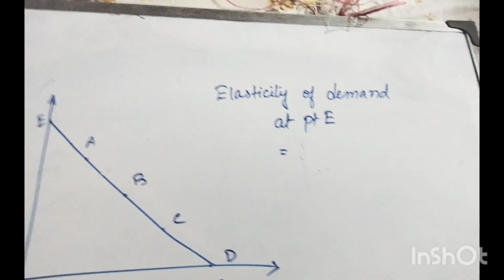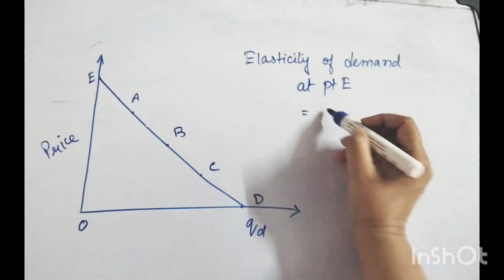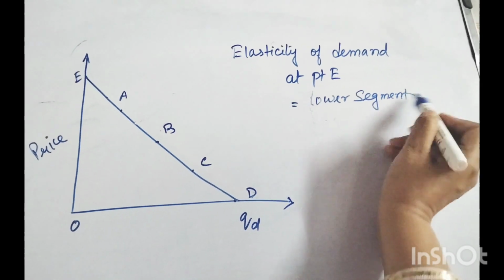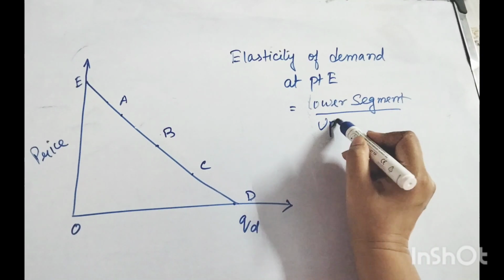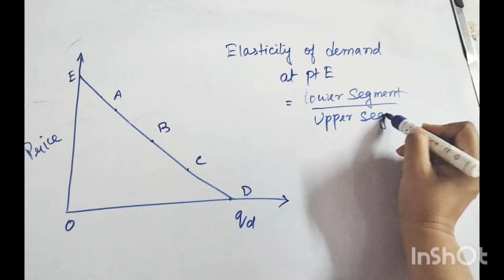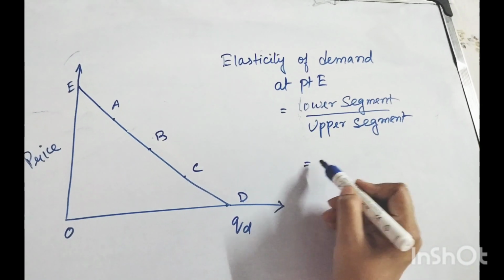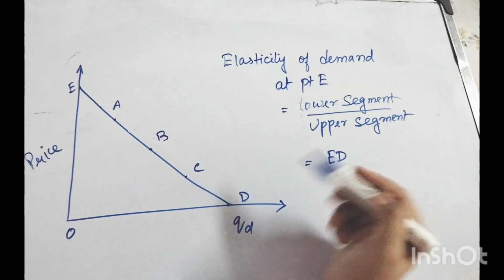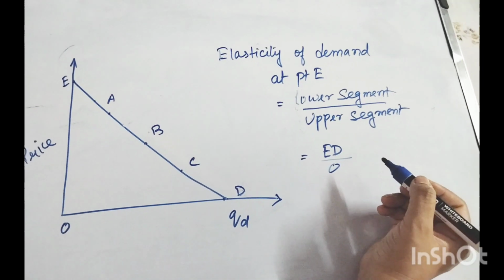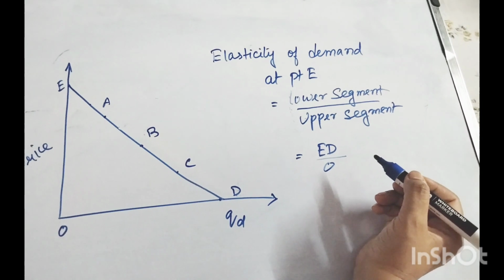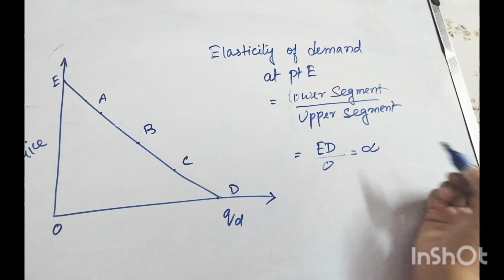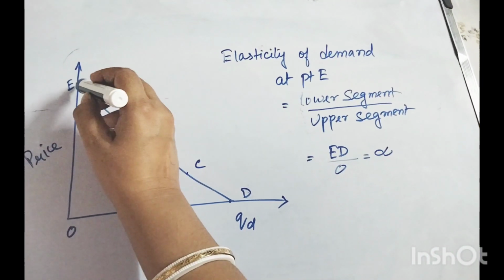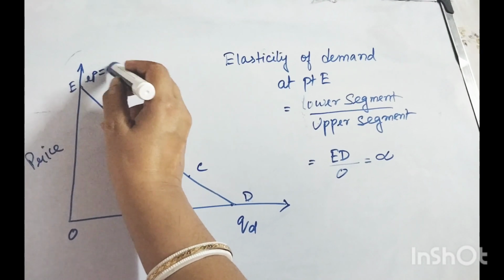What is the lower segment here? ED is the lower segment. What is the upper segment here? 0. That means anything divided by 0 will be equal to infinite. So what will be the elasticity of demand at point E? Here ED will be equal to infinite.